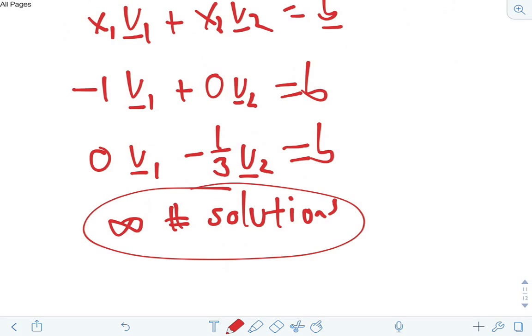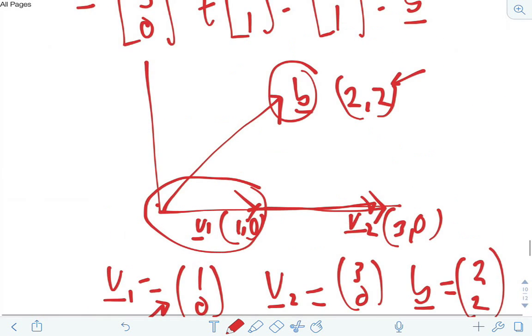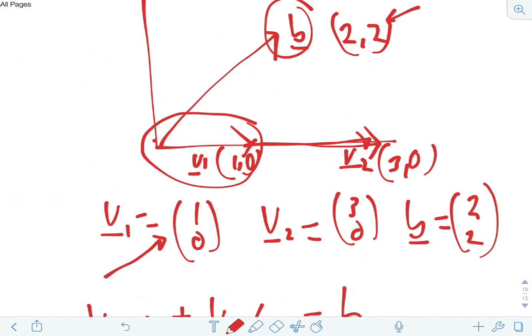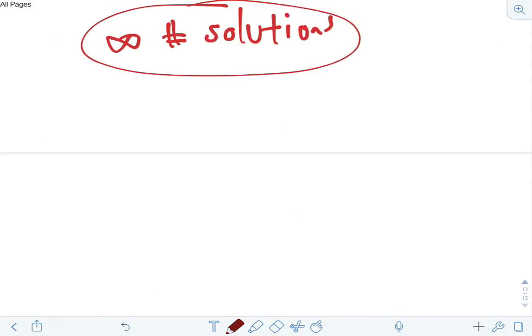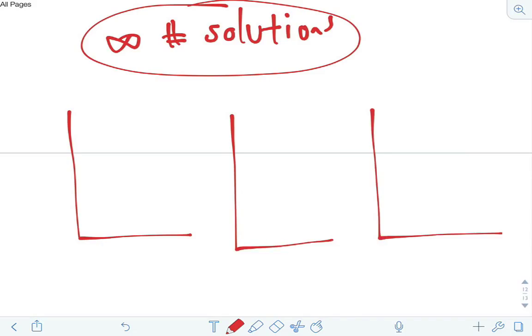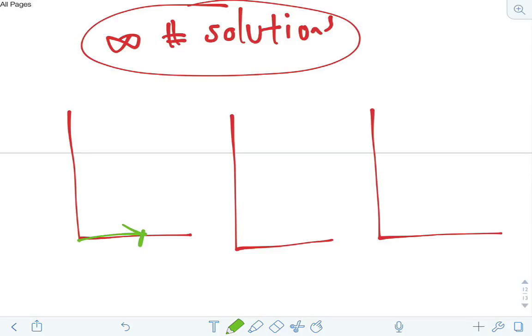So what is going on? Okay, so let's look at these cases. Just to contrast them, let me draw them all together, sketching what the vectors looked like. We have three axes, and I'll draw my v1s and v2s as green vectors. The first case we had a v1 like this and a v2 like this, and a b was up the middle. The second one we had a v1 this way and a v2 in the same direction, on the same line.